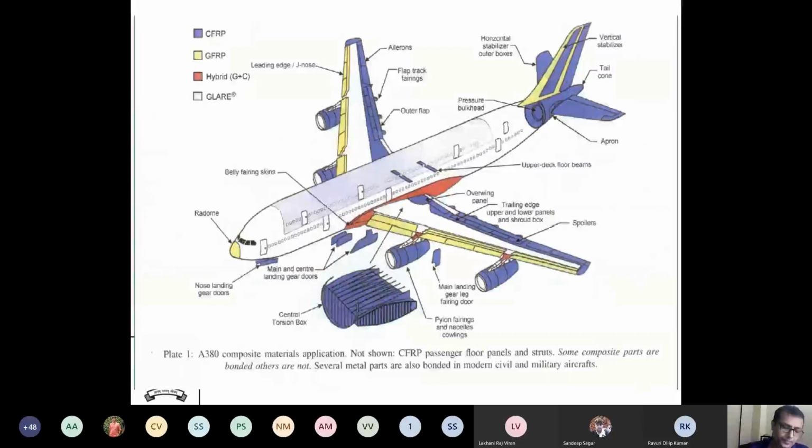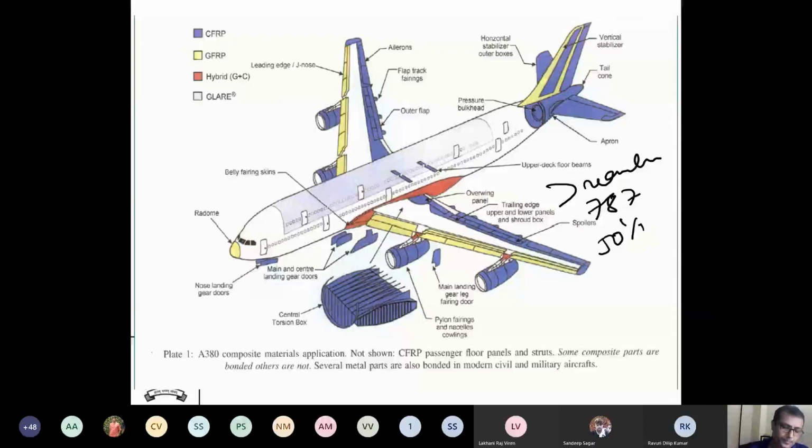Now, composites are used mainly in the new planes, so this is a very important aspect of composites. The Airbus 380 has a lot of composite. This is composite, this is composite. The fuselage is still not composite. But the Dreamliner 787 has 50% composite.